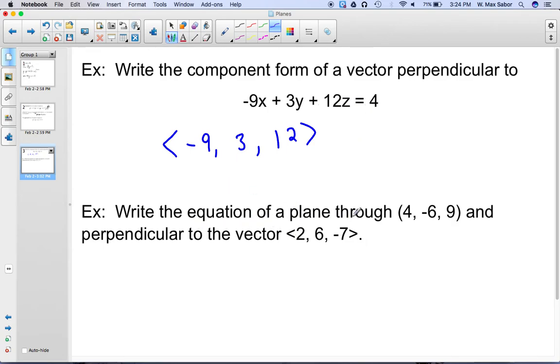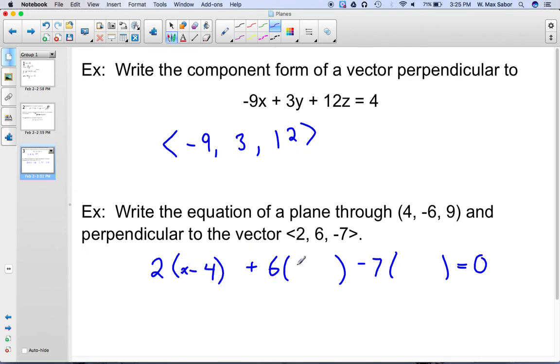Write the equation of a plane through this point and perpendicular to this vector. So the formula says we use the vector as the coefficients, and x minus x1, y minus y1, z minus z1 are going to be using the point.